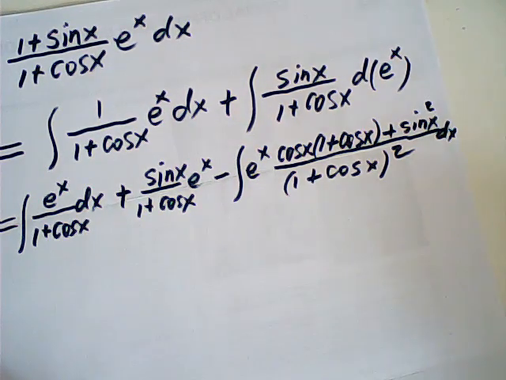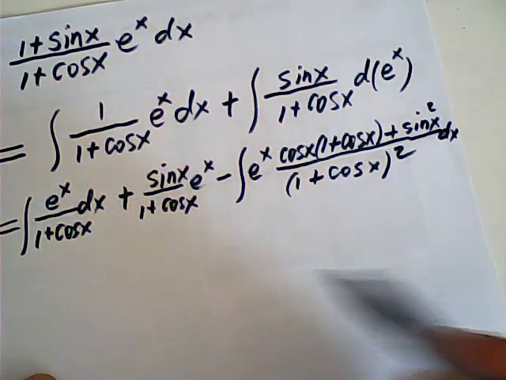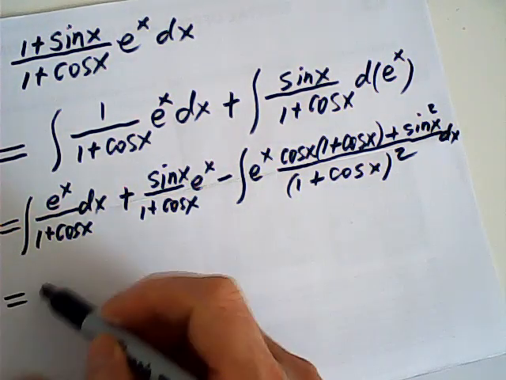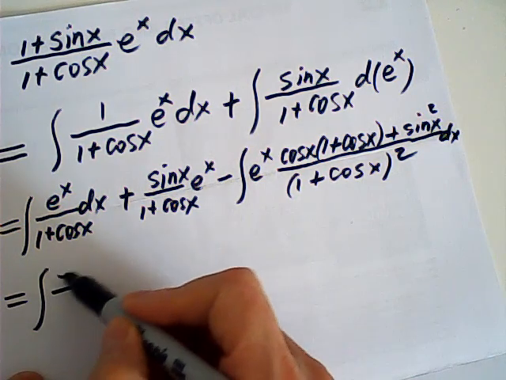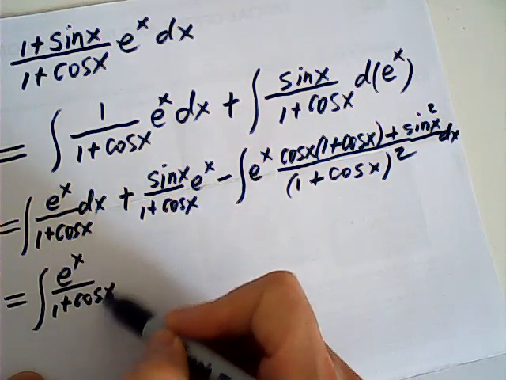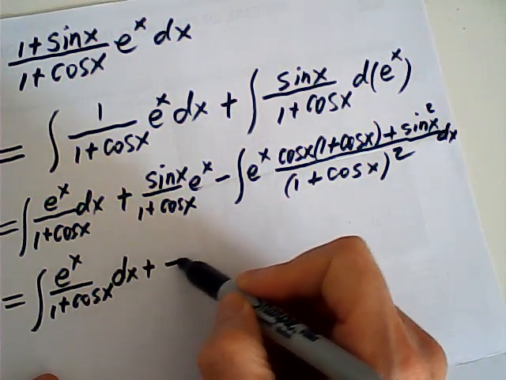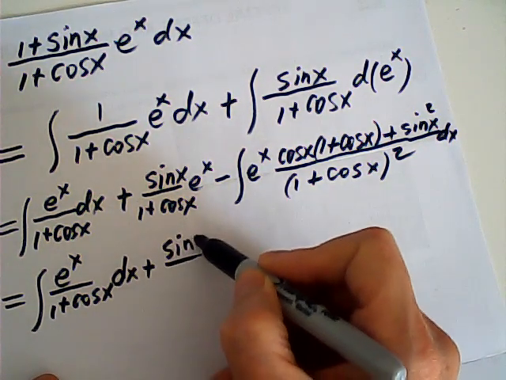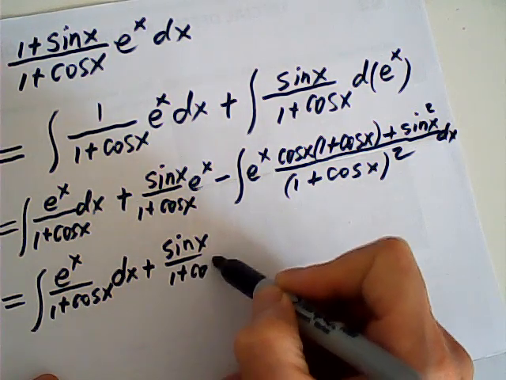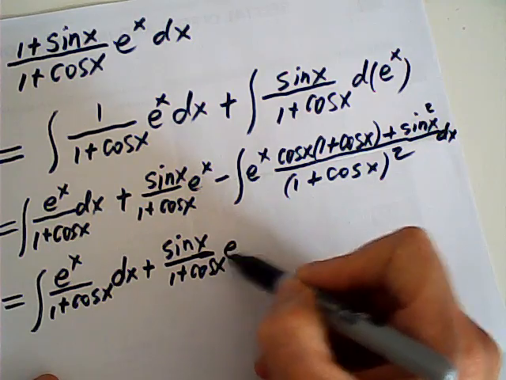Okay, good. That's enough room. Then this one is equal to the integral of e to the x over 1 plus cosine x dx, plus sine x over 1 plus cosine x, e to the x.